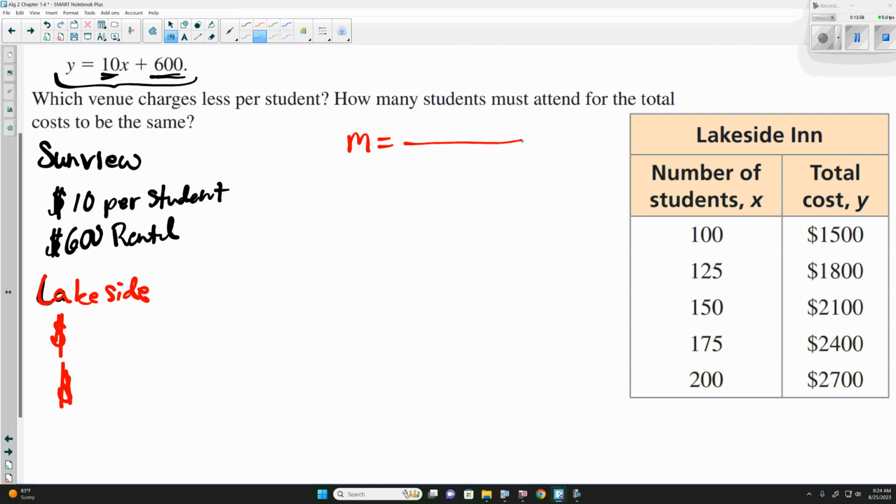Give me a y value out of those there. Okay. 2100, 2,100. And its corresponding x value is? Okay. Now we need another y value. Yes.